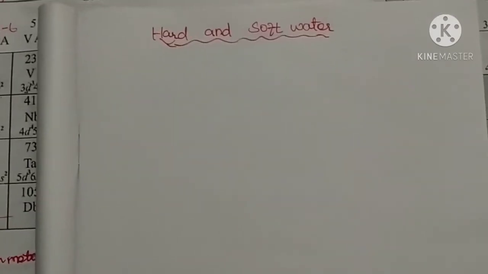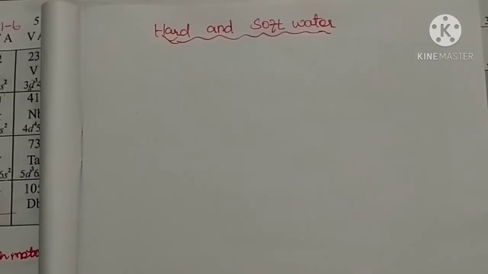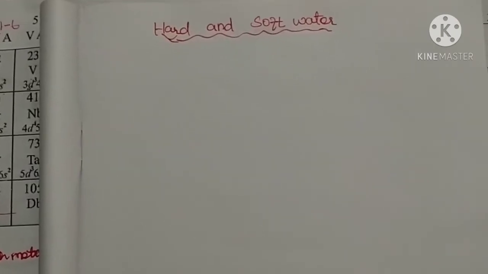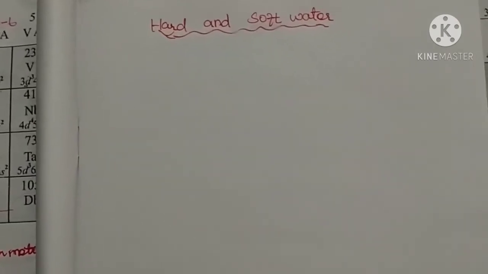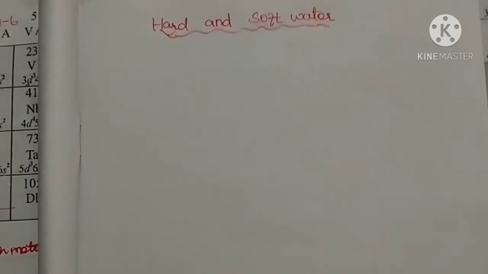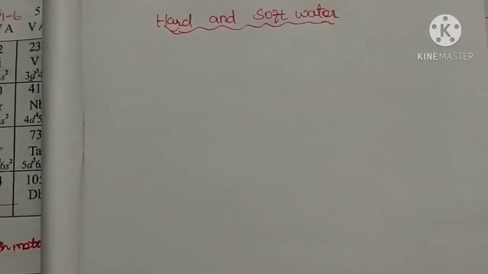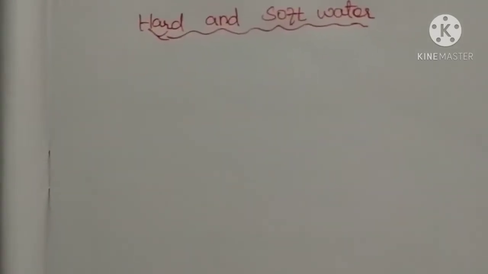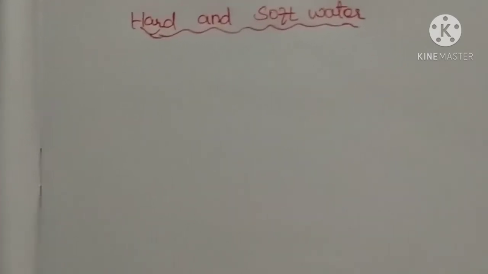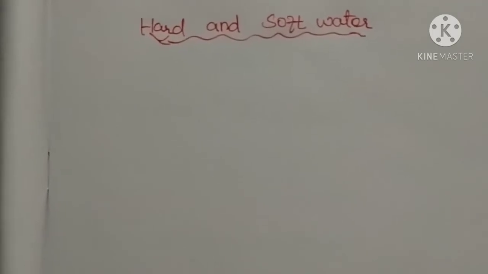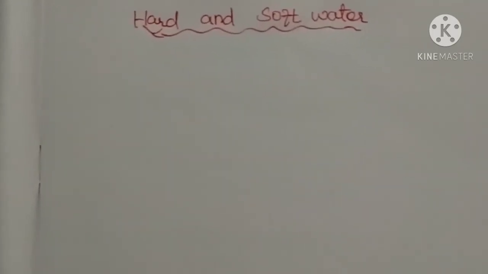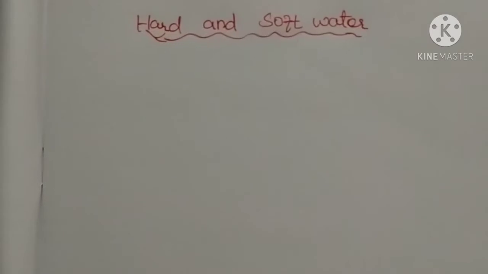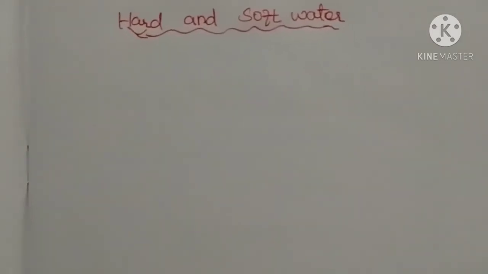The definition of hard water is: the most common ions found in hard water are soluble metal cations such as magnesium, calcium, iron, aluminium and manganese, dissolved in the water. The metal cations like magnesium and calcium can form bicarbonate, chloride, and sulfate salts.